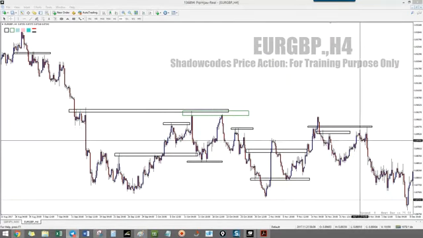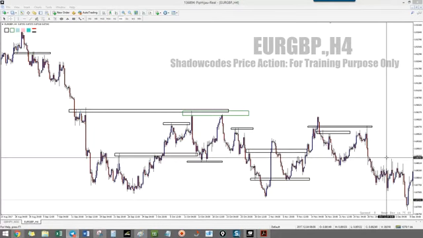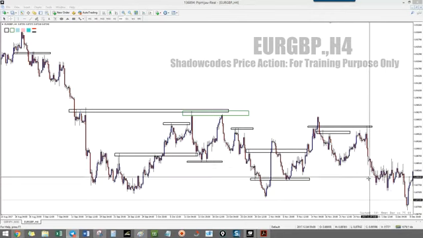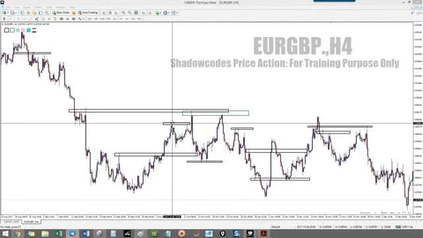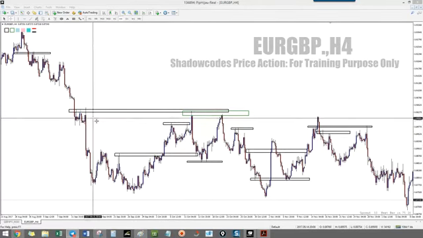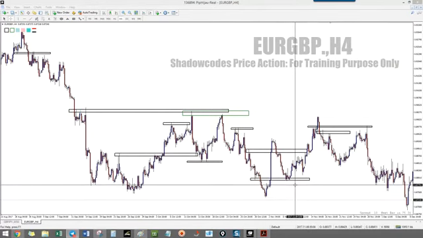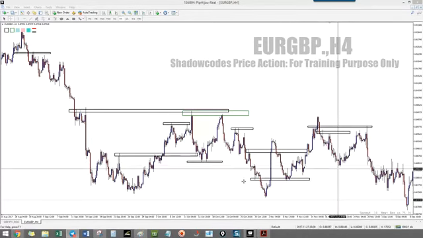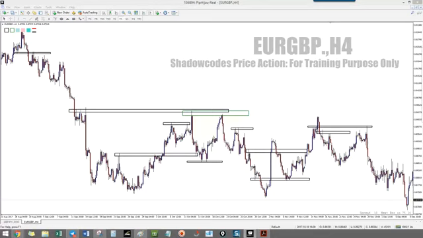Let's draw some more. Okay, for homework, you only draw these 2 levels, okay? Not all levels. If you draw all levels, it will be only a simple SNR. Okay, that's it on this picture.